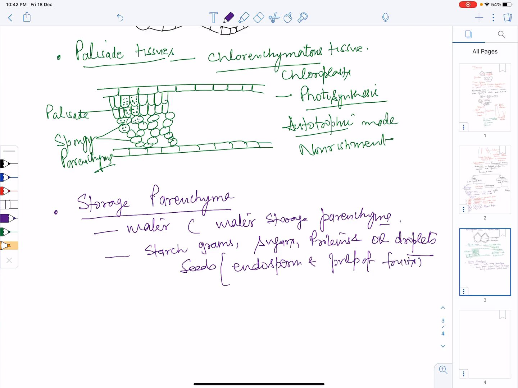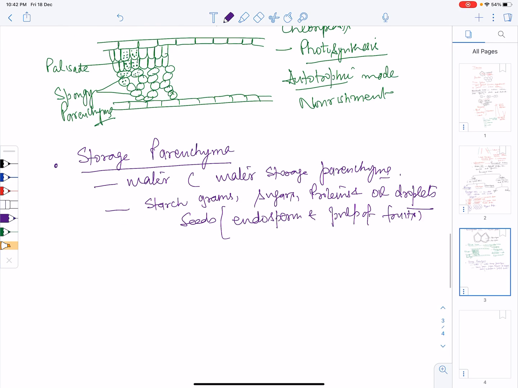Cells which help in storage of food are called storage parenchymatous tissue. So they help in storage of the food for the plant, and whenever the food will be required, this will be given by the parenchymatous cells to the other cells.